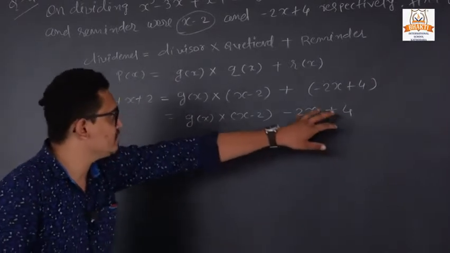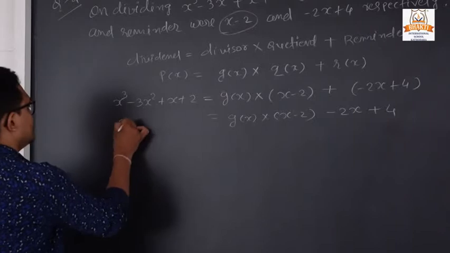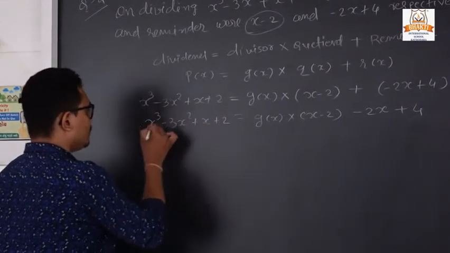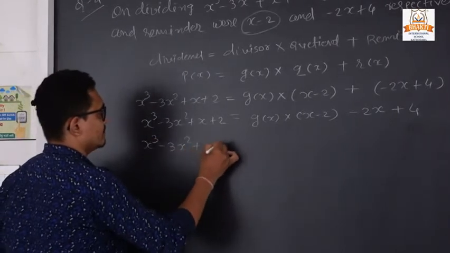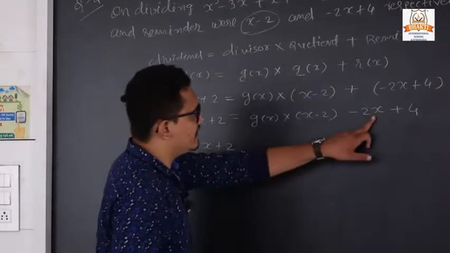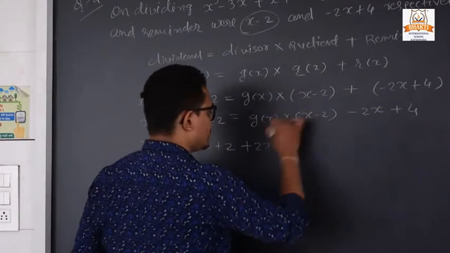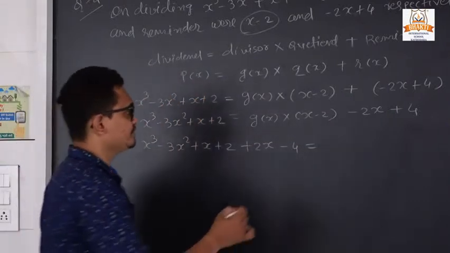Now this term is going to the second side, so the sign will be changed. So here first of all we can write it will be the same. If it is minus and going to the second side, it becomes plus, and if it is plus and going to the second side, it becomes minus.